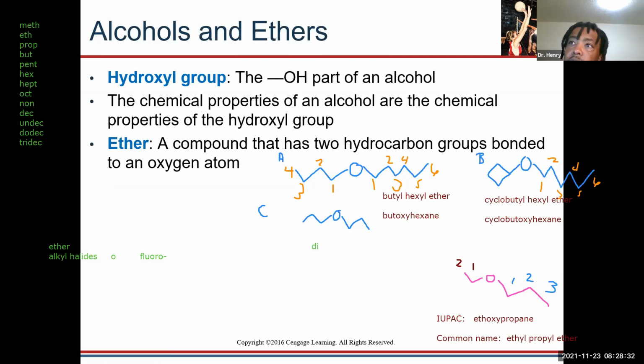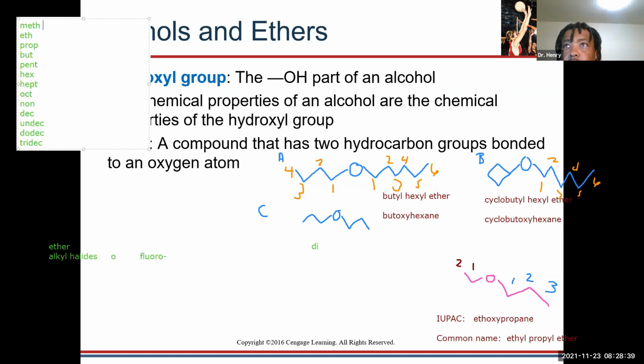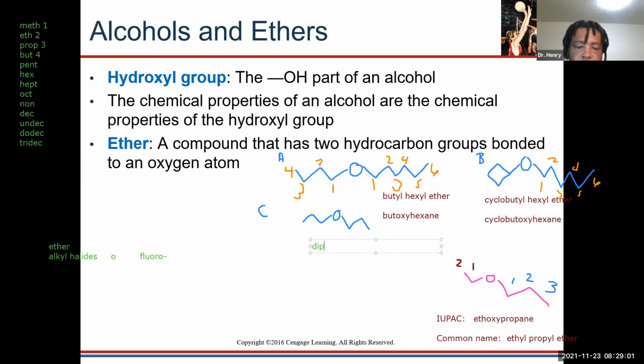If there's three carbons, then it's what? Dipro. Prop. Yeah, dipropyl. That's right. Okay. So let's see if we can fix that real quick. Dipropyl ether.